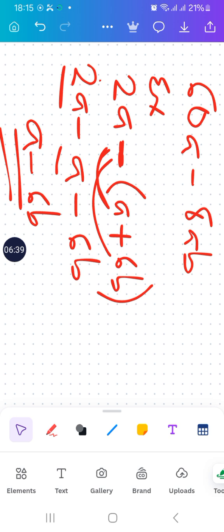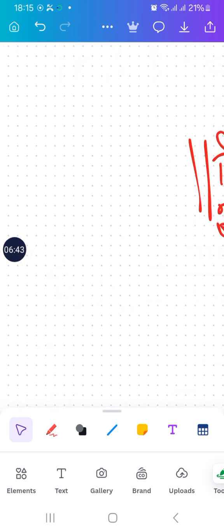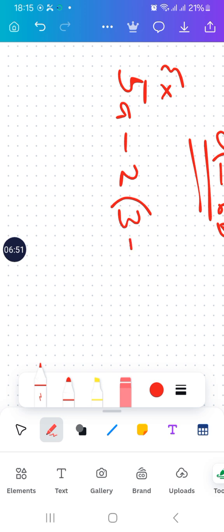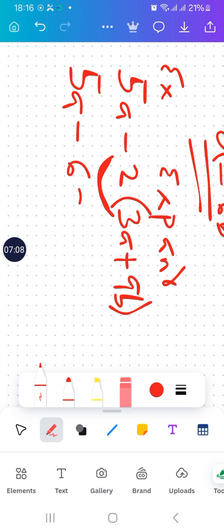Okay, one more example before I give you your own class work. Let's say I have 5a minus 2 into bracket 3a plus 9b. I'm asked to expand this. How do I go about it? 5a is standing alone. It is minus 2 that is directly at the back of the bracket. Minus 2 multiplied by 3a will be minus 6a.